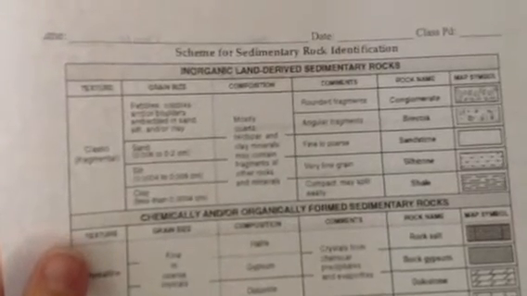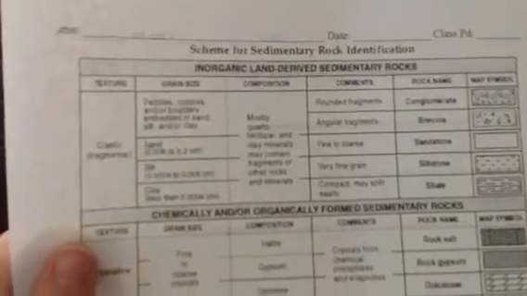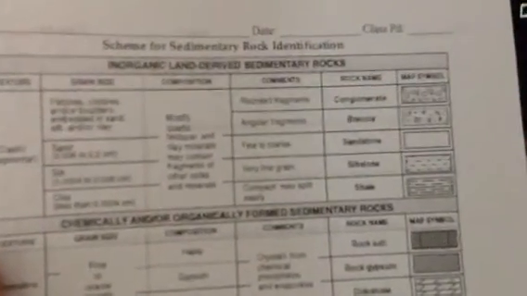The grain size is like pebbles or cobbles. And the composition, and the rock name. Those are the inorganic sedimentary rocks.